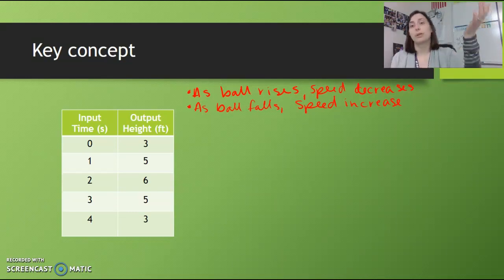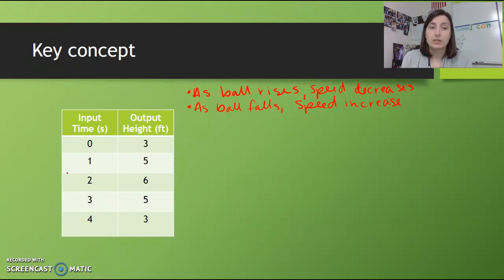As it goes up, its speed decreases, and then as it comes down, its speed increases. That's not going to create one line when we are finding the speeds at certain amounts of time, so certain seconds. And so our rate of change is not going to be constant, and we can see that from this table.